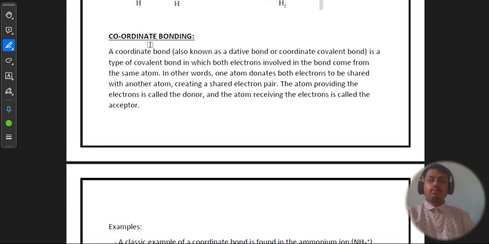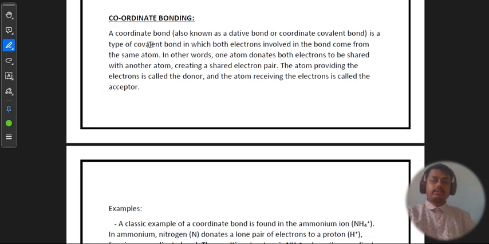Now the next type of bonding is coordinate bonding. Coordinate bonding is nothing but a complete transfer of a lone pair from one atom of a molecule to another atom of a molecule.